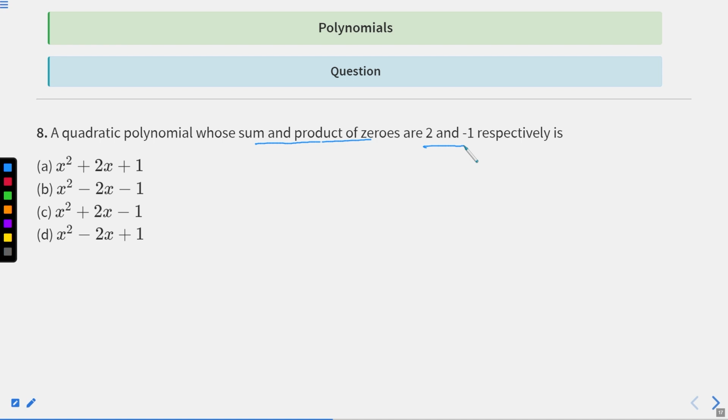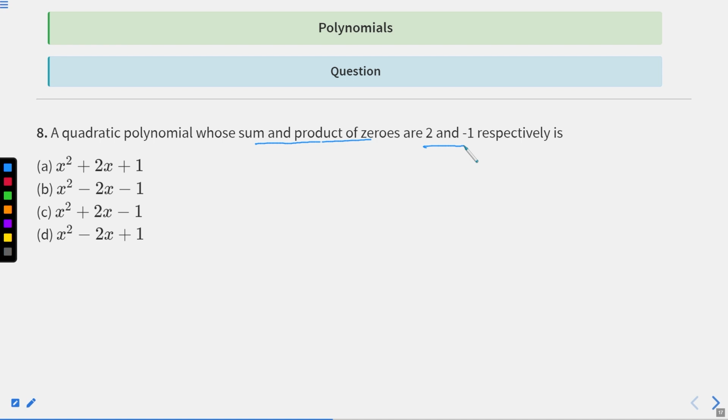Students, you know that if we have a quadratic polynomial ax square plus bx plus c, then there are relationships between the zeros of this quadratic polynomial and its coefficients.